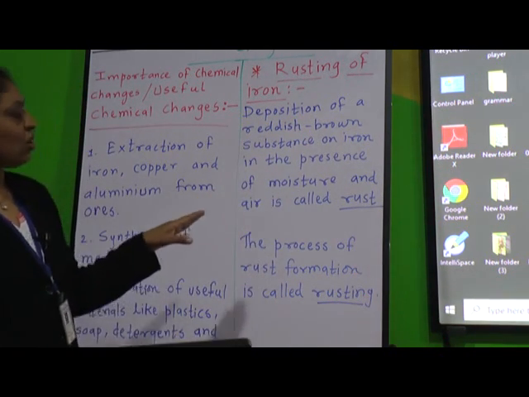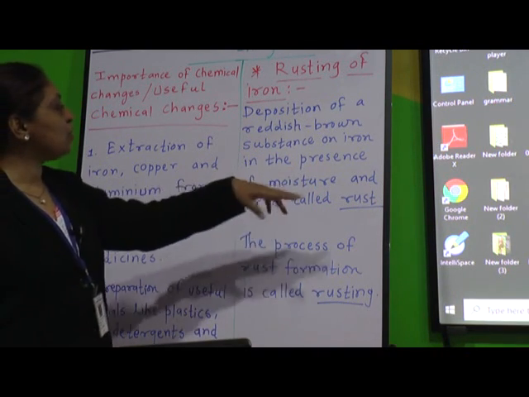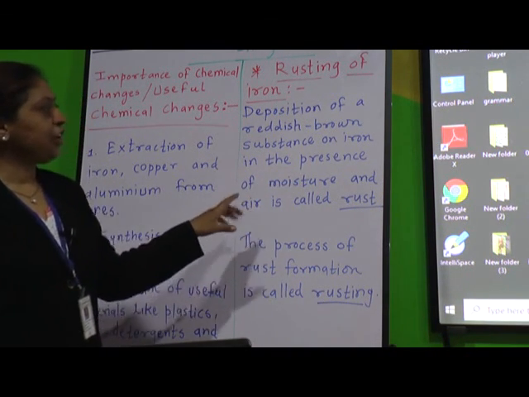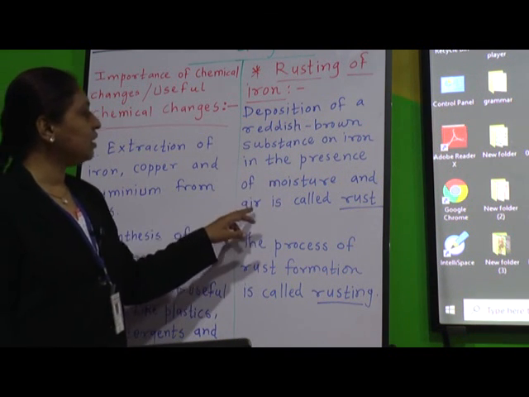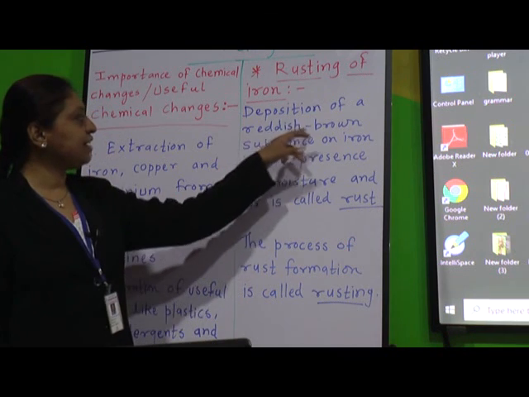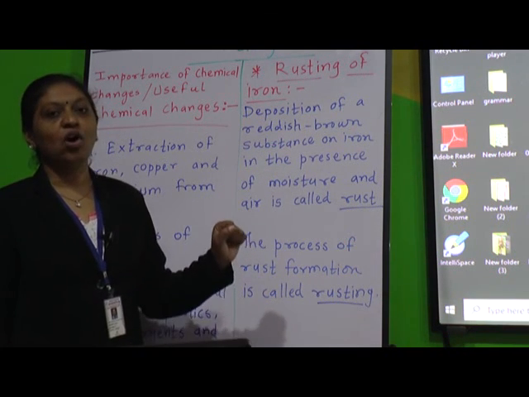Why does it occur on the iron? Because of moisture and air. Whenever we keep an iron substance in moisture and air, that reddish brown substance forms on the iron material.